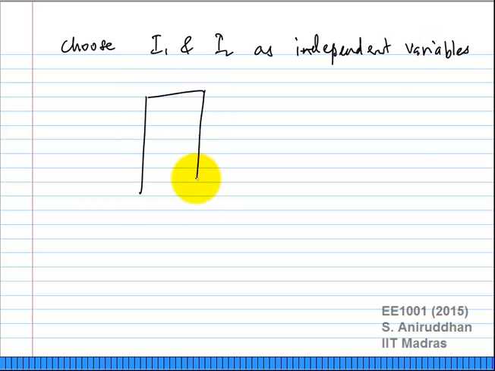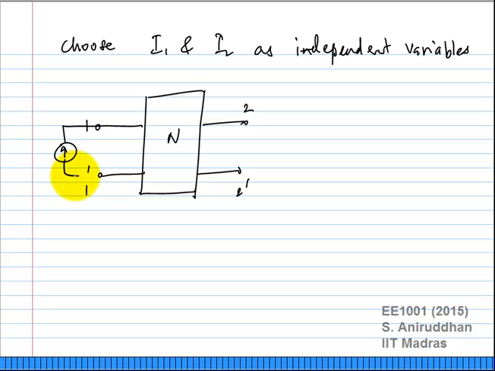First of all, you have this two-port network, with I1 and I2. How will you represent this two-port network?